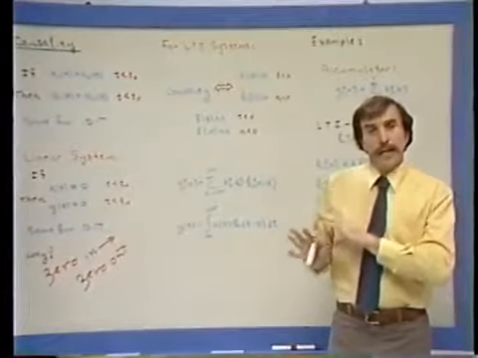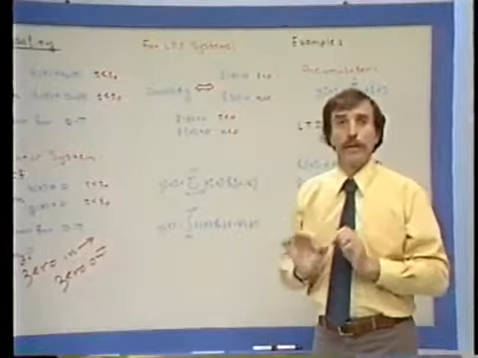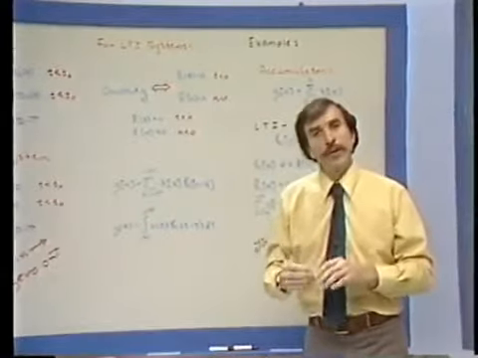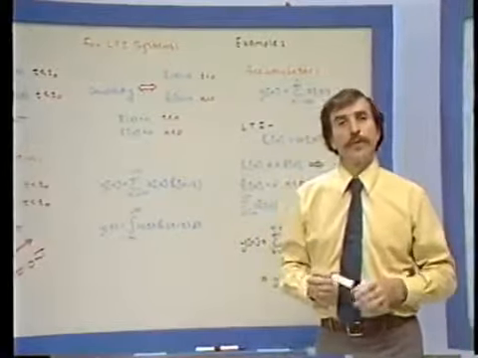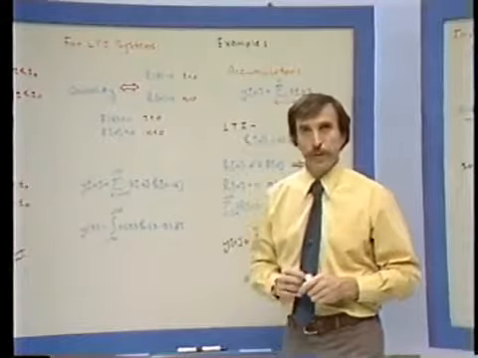Now, that tells us how to interpret causality for linear systems. Now let's proceed to linear time invariant systems, and in fact, we can carry the point one step further.